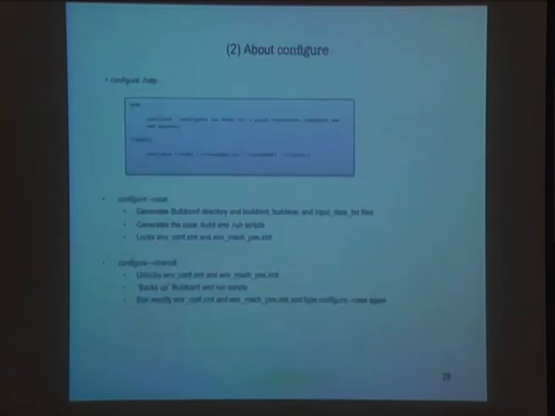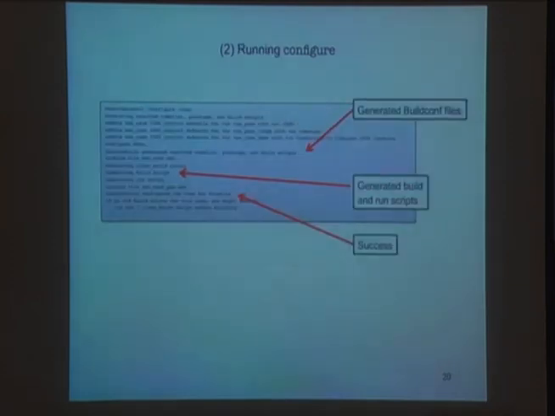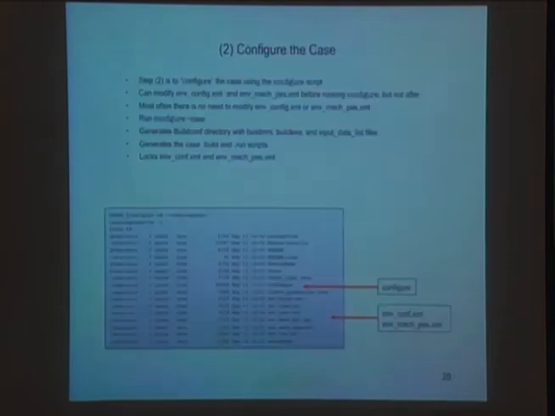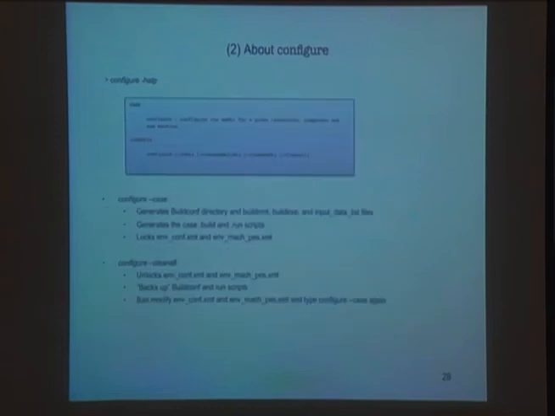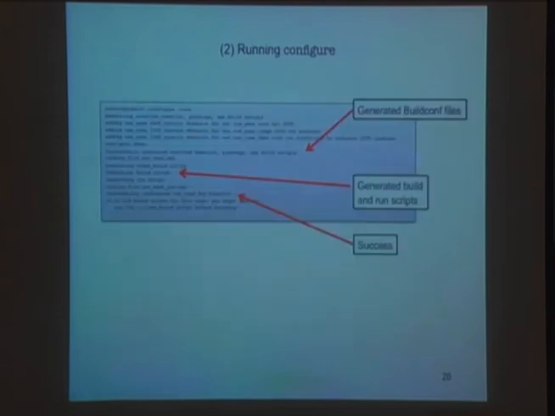Configure has a help to it. Not much you need to know about that, but here's what you do. You just run configure -case. It takes information from those 2 XML files and uses them. It's going to create more scripts for you.